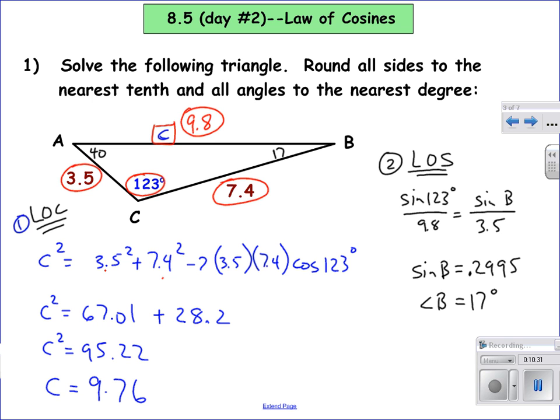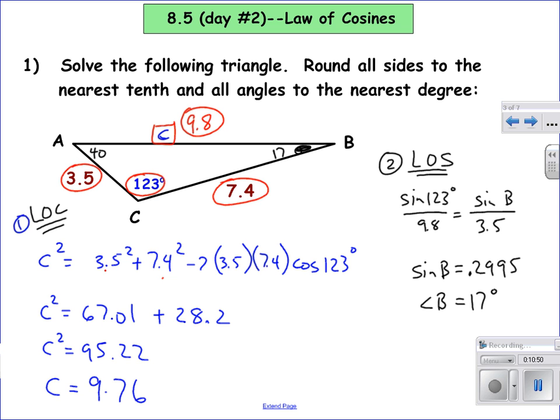Now, I say to myself, I'm going to use the law of sines. Like I've said a couple times in the lecture, I'm going to use the law of sines going forward to get the rest of the angles in this triangle. So I picked an angle, either one, A or B, doesn't matter.